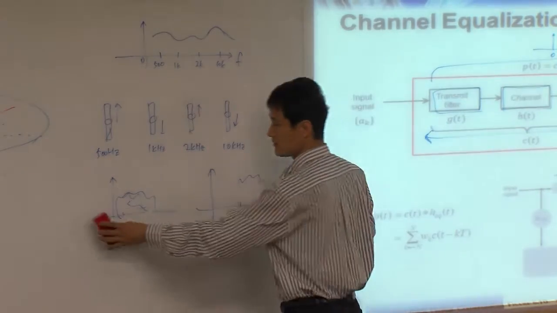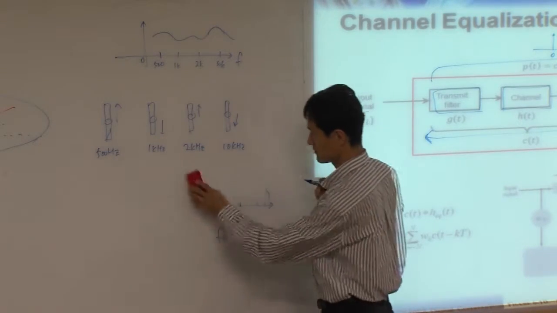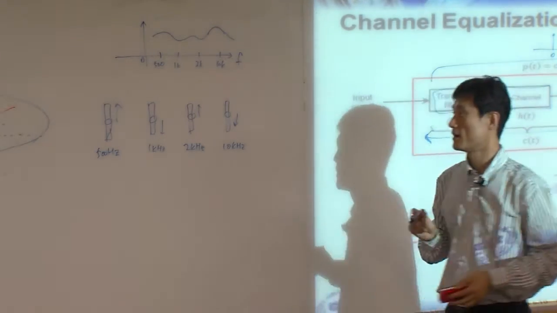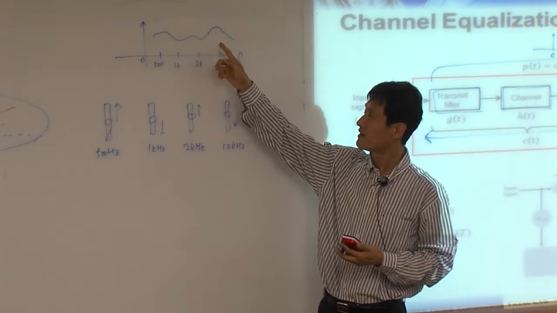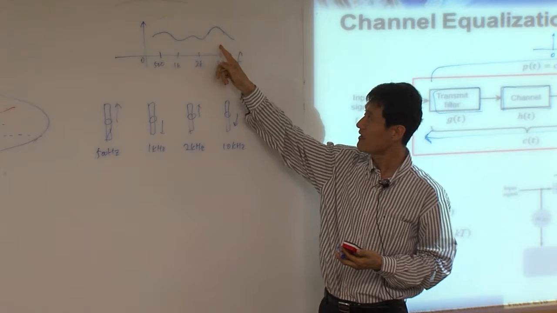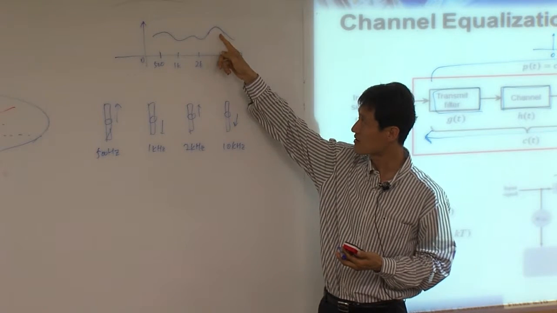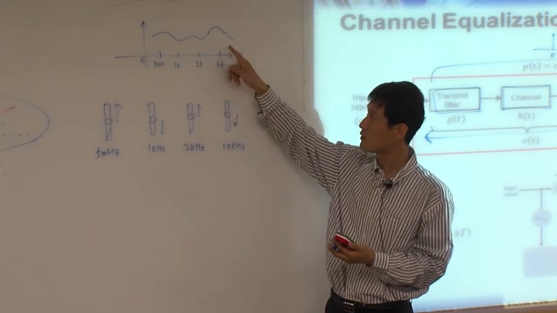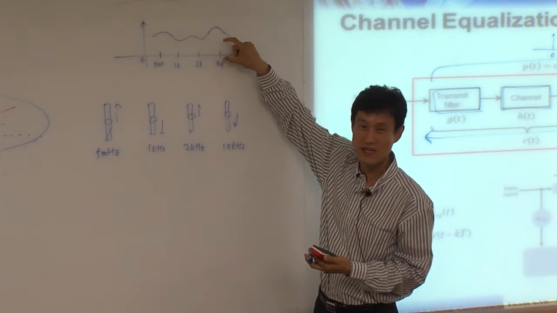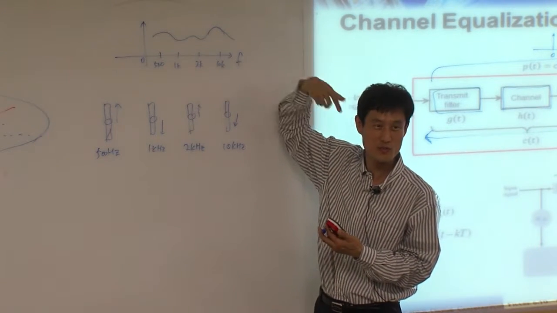In that case, the 10K hertz frequency is too strong, so it bothers me and I don't want to hear it. I want to reduce this gain because it is too strong for me.